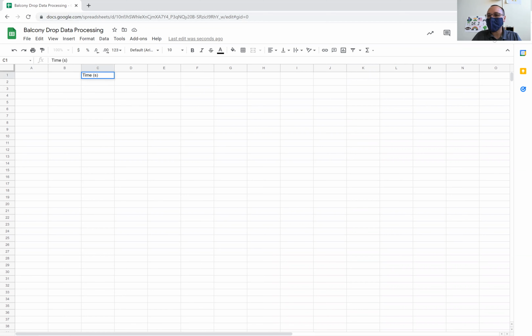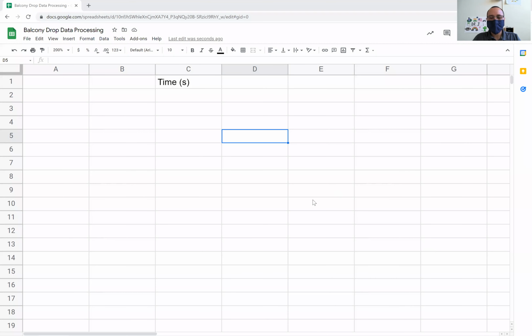Time in seconds. Let me blow this up a little bit so that we can see a little better. Okay, now I've blown this up so that we can see quite clearly what's going on.